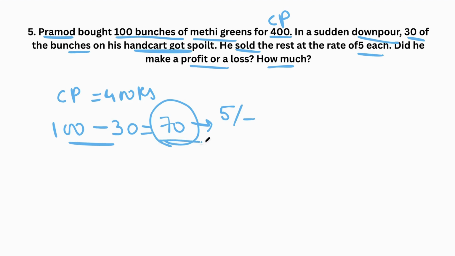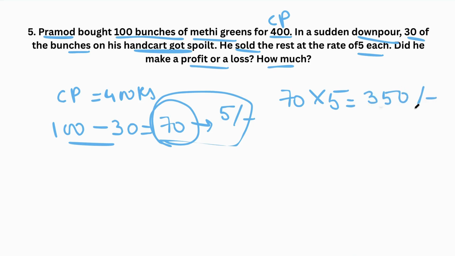So, to find out the amount of the 70 bunches of methi green left with him, we will be multiplying 70 bunches of methi with 5 rupees, which gives us an answer of 350 rupees, right? So, now we got his selling price, that is 350 rupees, and the cost price, which is 400 rupees.